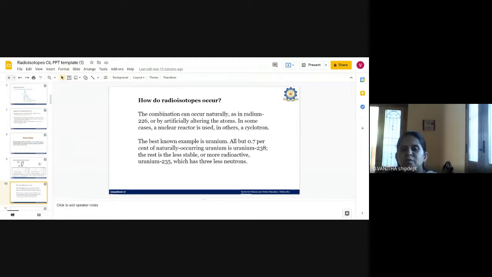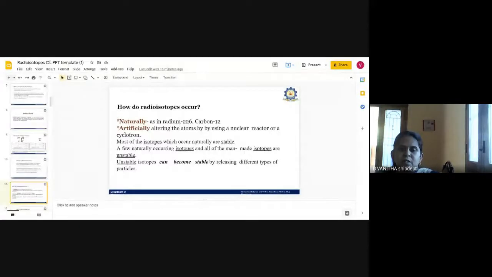And uranium 238 naturally occurs in a large amount compared to uranium 235. Alternatively, we can get radioisotopes by using nuclear reactors or cyclotron.